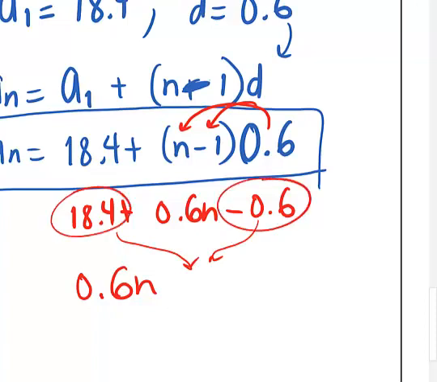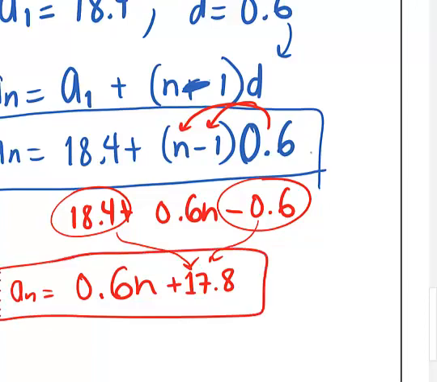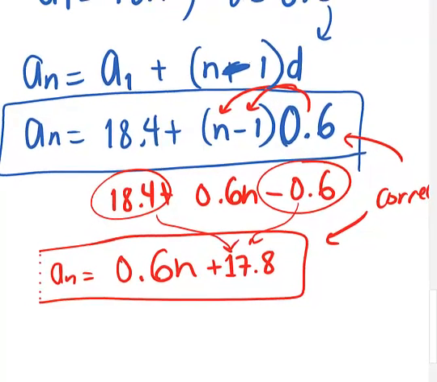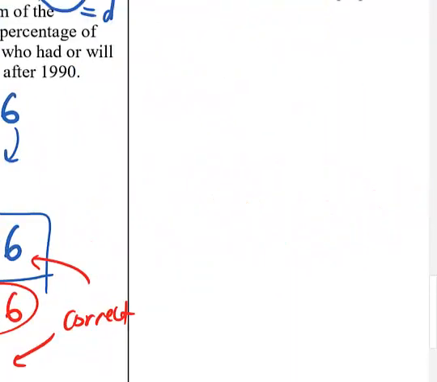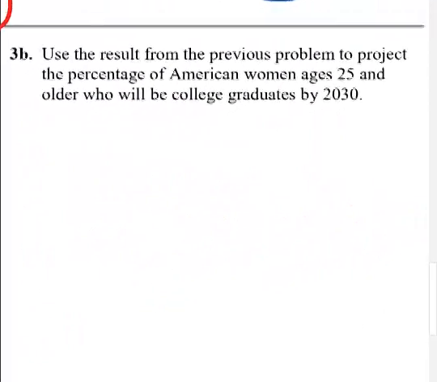These two are like terms. 18.4 minus 0.6 is 17.8, I believe. So that's an alternate version for the general term. This, what I'm boxing now, and this, they're both good answers. Both correct. One looks a little simpler, and the other one was faster. So it depends on your purposes.